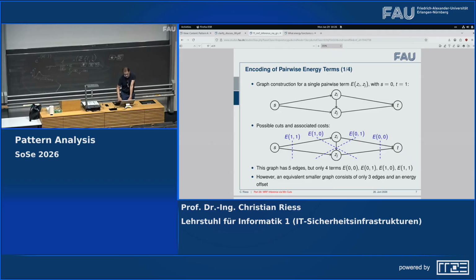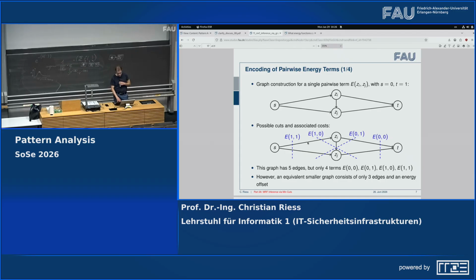Yeah, this graph has 5 edges. Right. So I think, if the idea of the cuts is fine, no? So if you say, I cut here, I have this label assignment, I cut there, I have that label assignment, then I still have to answer the question, what specific weights should I assign to each individual edge in this graph?